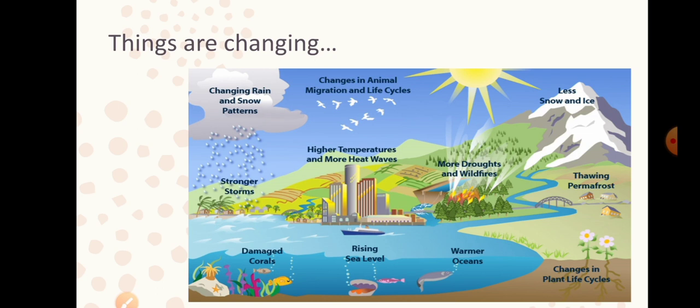They may not find enough food in the new habitat. So we inadvertently mess up the whole nature around us. Of course, ice and snow melts on the top of the very high mountains and on the ice caps in the polar regions. Because of the ice and the snow melting, the sea level is rising.